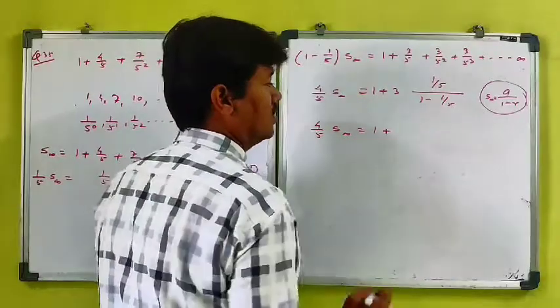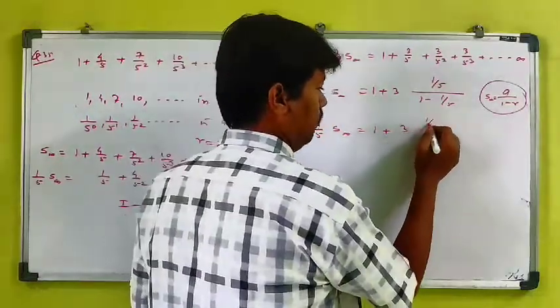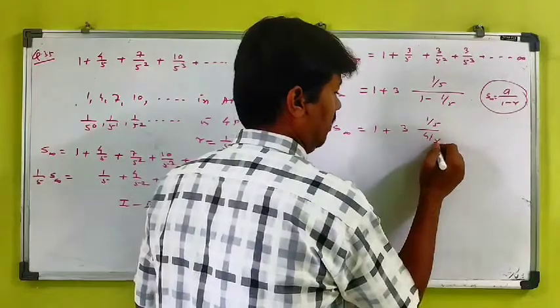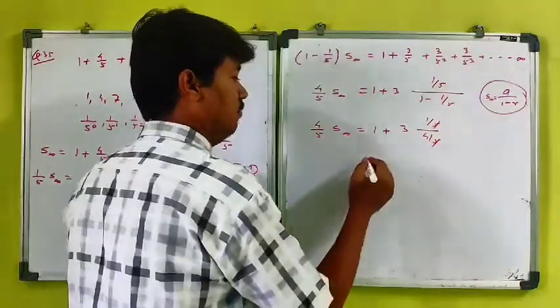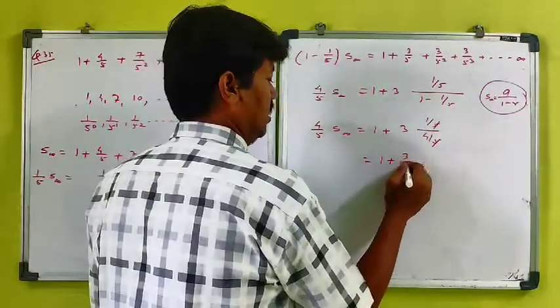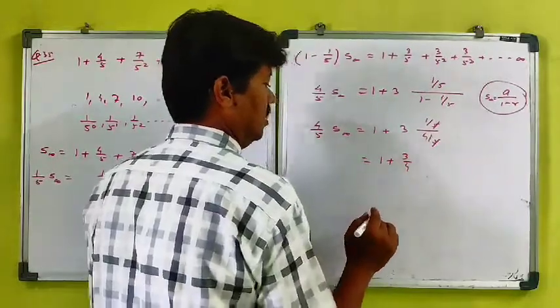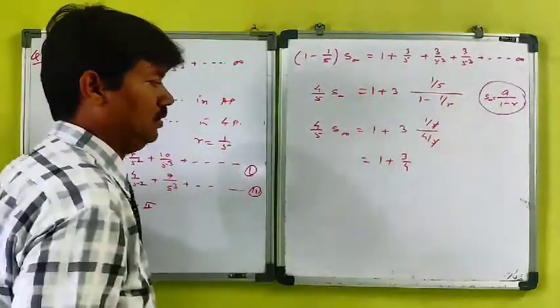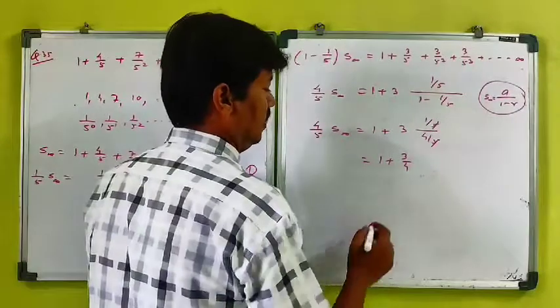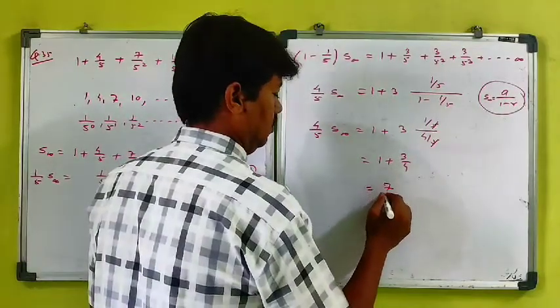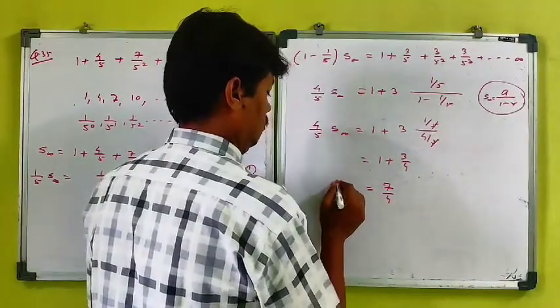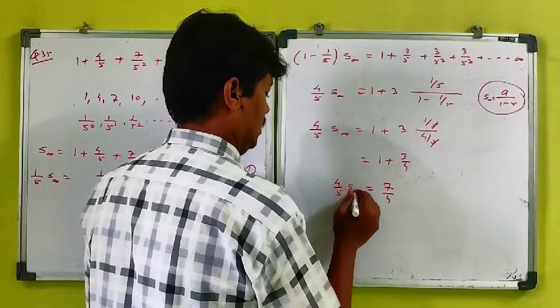So it's 1 plus 3 into 1 upon 5 over 4 upon 5, the 5 cancels, it is 3 by 4. So 1 plus 3 by 4 is 4 plus 3, so it is 7 upon 4. So 4 by 5 S infinity is 7 upon 4.